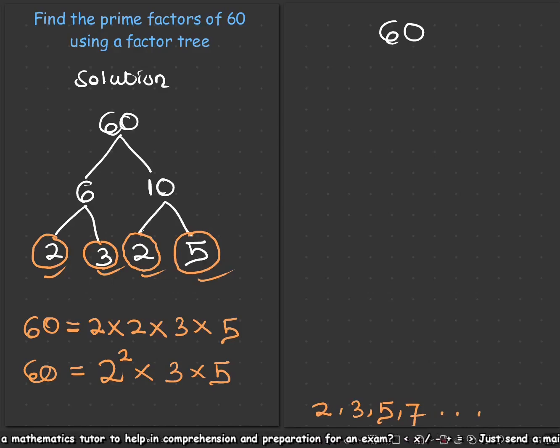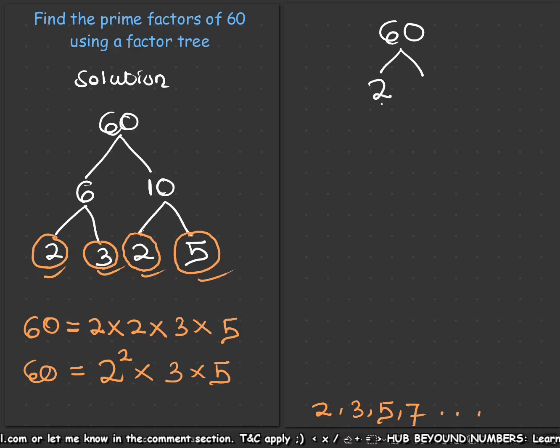In this other method, which is also the factor tree method, you want to start with the smallest prime number. You ask yourself, can this smallest prime number divide 60? If it can divide 60, then you form a branch. Our smallest prime number here is 2. So I'll write my 2 over here, and 2 times what gives me 60?